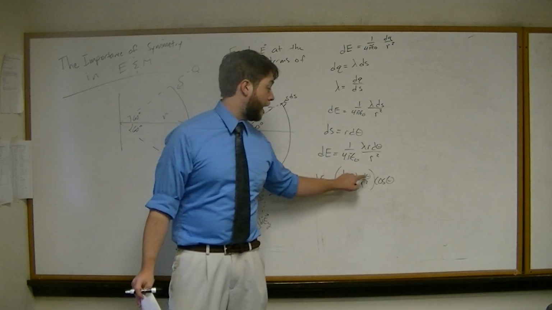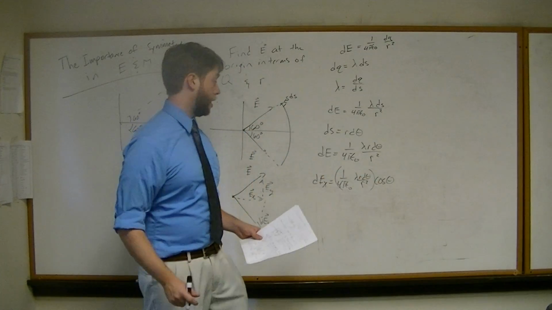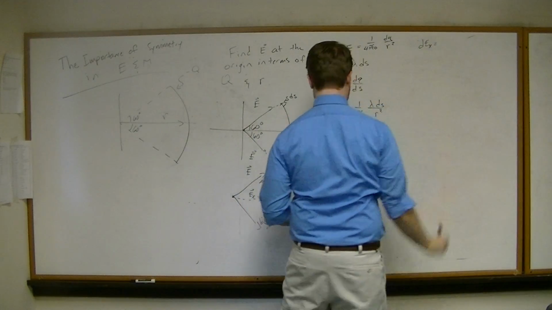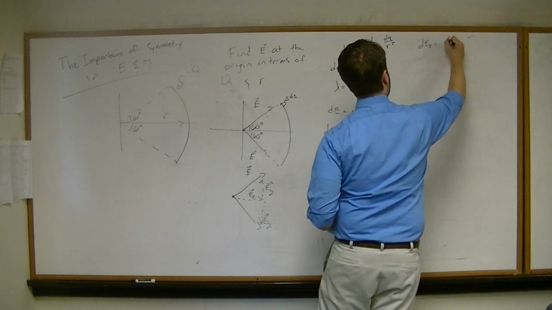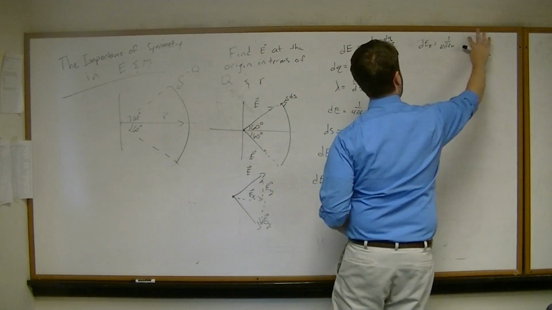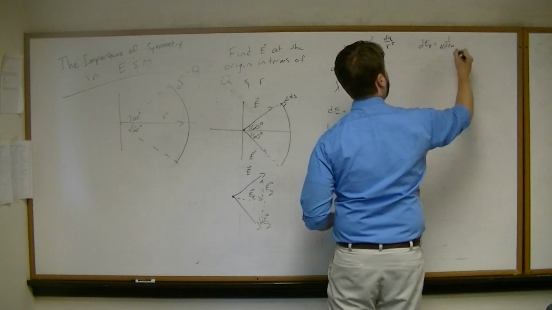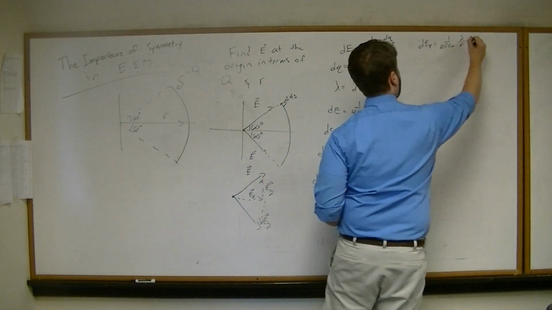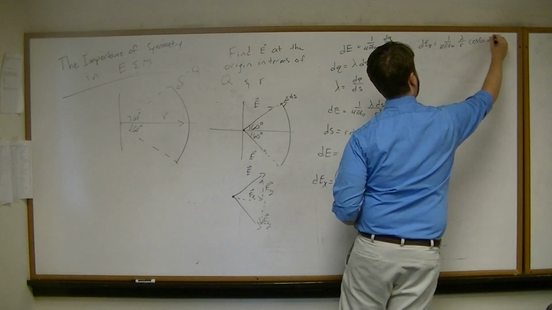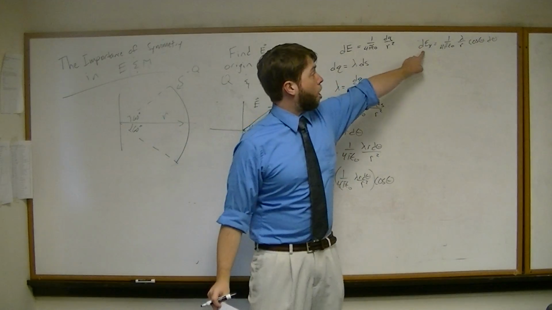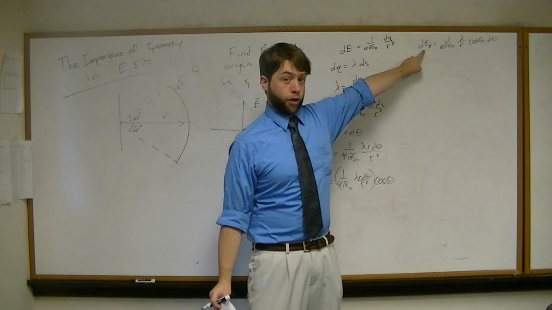Then I can collect my d theta and my cosine theta, and we have dEx is equal to 1 over 4 pi epsilon naught, lambda over r, cosine of theta d theta. Now again, small amount of electric field.